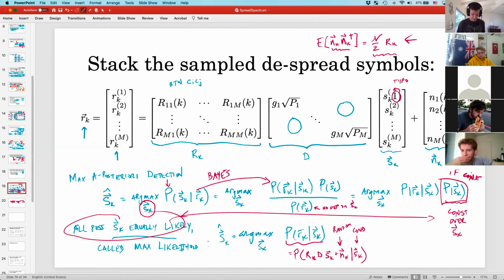So if you have a constant or all the priors are equally likely, then you get what's called max likelihood optimization. And we are simply left with trying to maximize this function, the probability of receiving data R_k given s_k was sent. And again, we're going to consider all possible s_k, right? So in general, we'll have a bunch of numbers at the end of the day, and we're going to pick the s_k that gives us the biggest number.